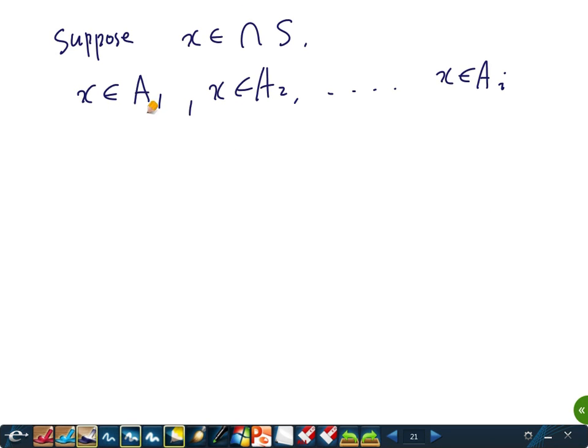What can you tell about x now? Yeah, integer. So because of this, x is a positive integer, because it is in A1. It cannot be infinity or square root of 2, something like that. It must be an integer.